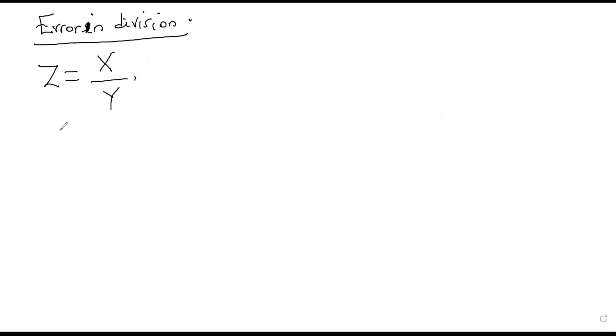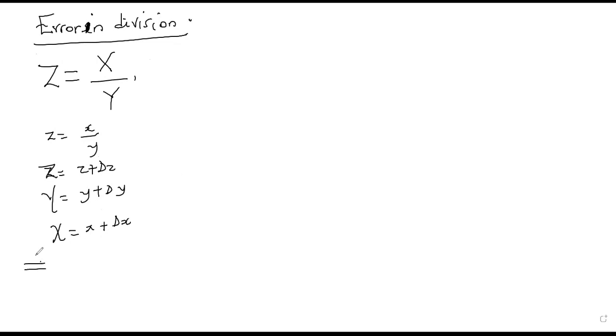It would mean that small z will be equal to small x over small y. But remember, our z is equal to small z plus delta z, and our y is equal to small y plus delta y, while our x is equal to small x plus delta x. Implying that z plus delta z is equal to x plus delta x over y plus delta y.